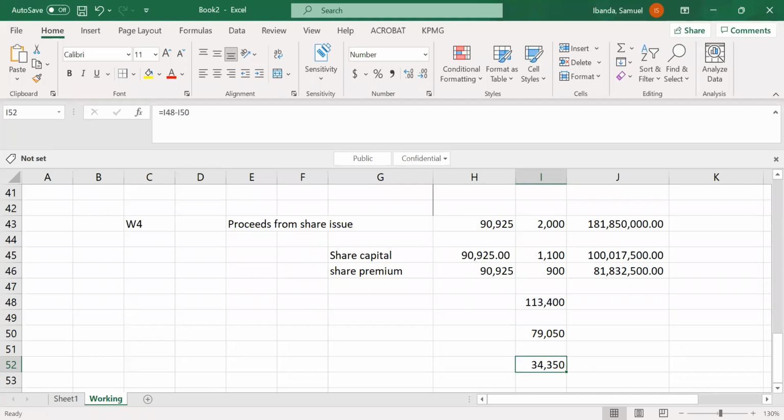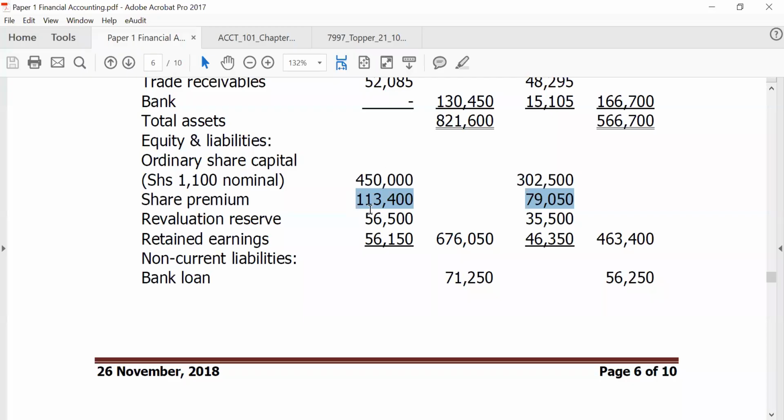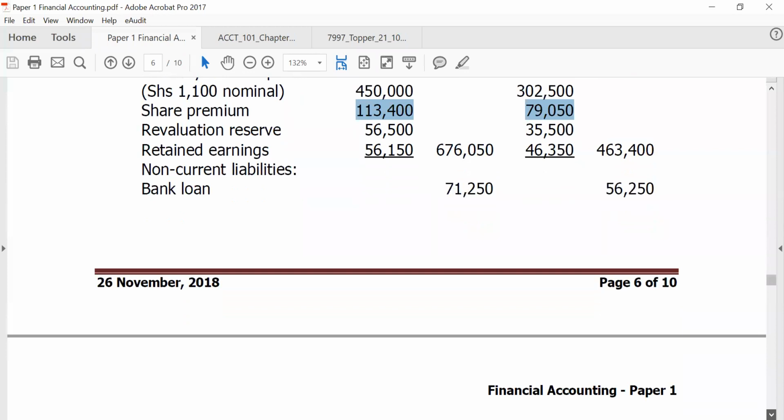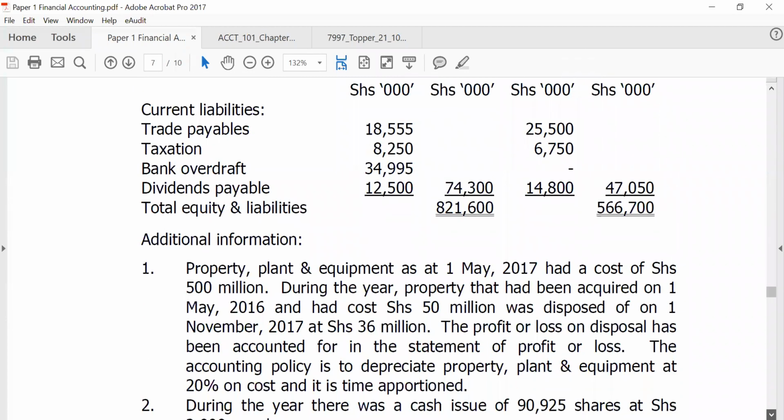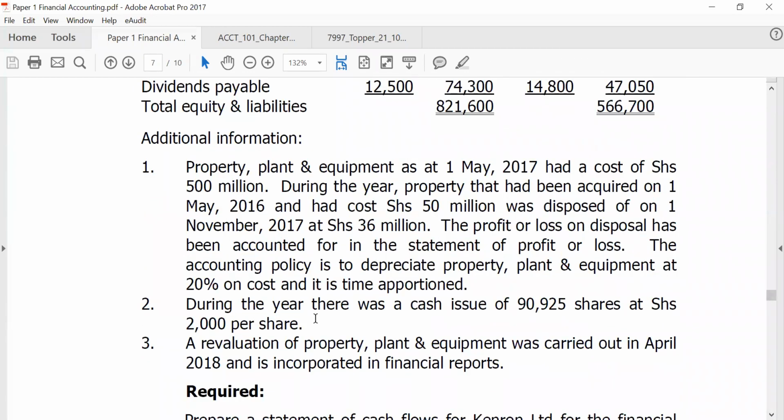We might have other shares that were not issued on a cash basis, bringing about this difference, so it may not correlate. The cash issue is only what the question has told us about, but there can also be other issues of shares.